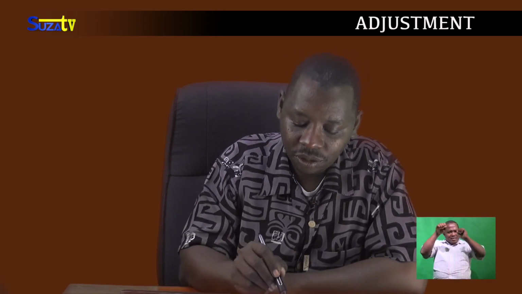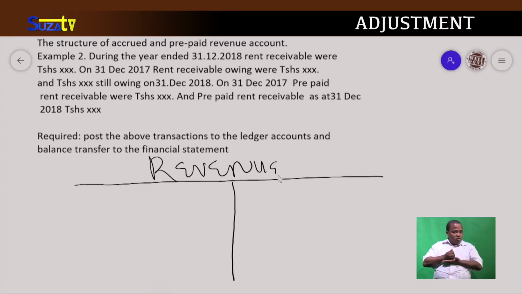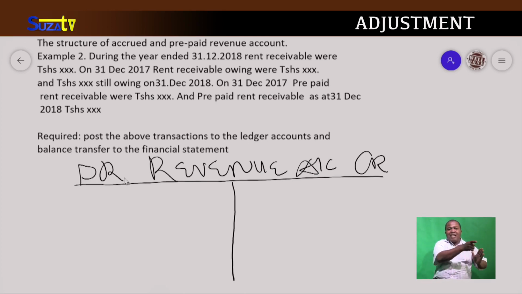Okay, we continue with the accrued and the prepaid revenue. First of all, we draw the account known as a revenue account. Put here credit side and here debit side. Example number 2.